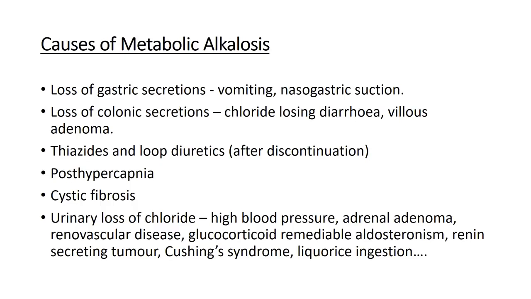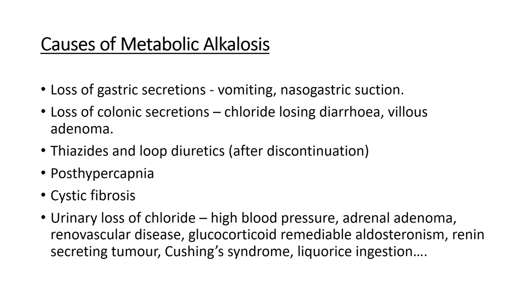There are several causes of this. It could be due to a loss of gastric secretions through vomiting or NG tube suction. It might be a loss of colonic secretions like chloride-losing diarrhea or a villous adenoma. Certain drugs, particularly thiazides and loop diuretics, particularly after you stop them, can cause a metabolic alkalosis.